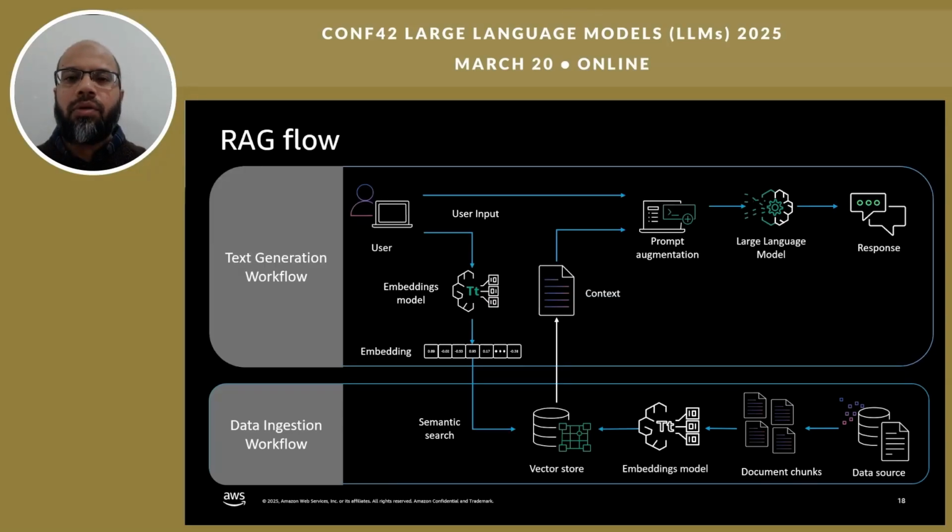Then during the text generation workflow, on receiving the user query or question, a semantic search is done and retrieved passages, the R, are ranked and passed as context, that is augmented, the A, into an FM, which in turn generates a response, completing the G aspect of it.